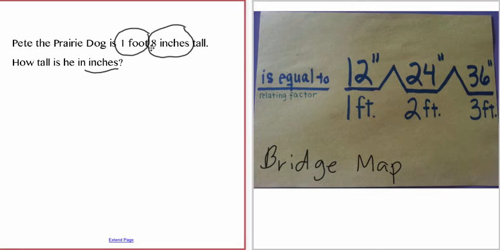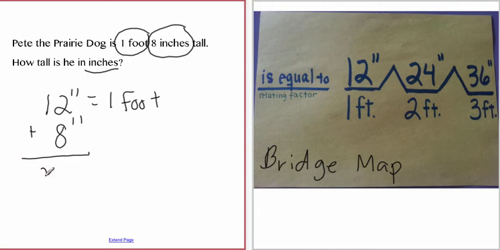I see that if Pete is 1 foot tall, I know that that means he's 12 inches tall to start. 12 inches is equal to 1 foot. I also know that he is an additional 8 inches tall. So all I'm going to do is add 8 inches onto my 12 inches. And I get 20 inches for his height.